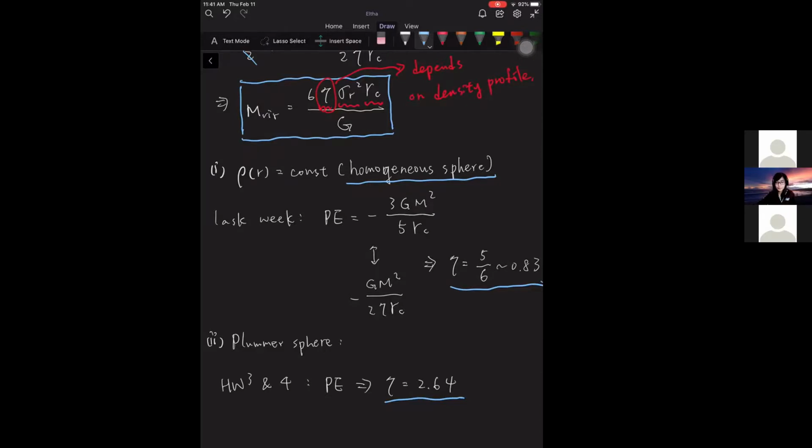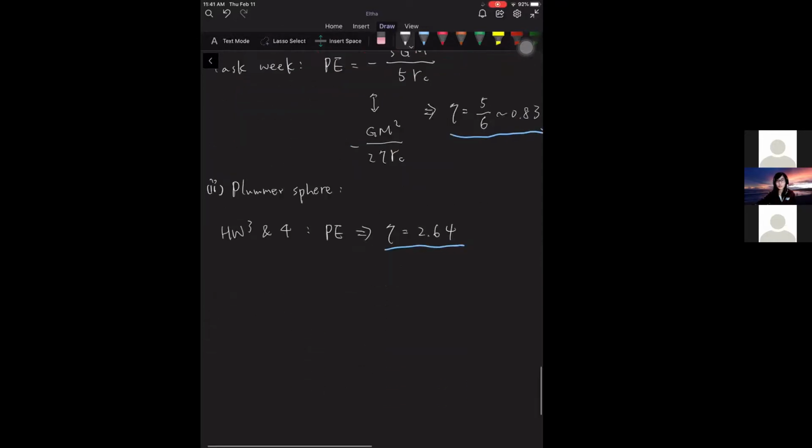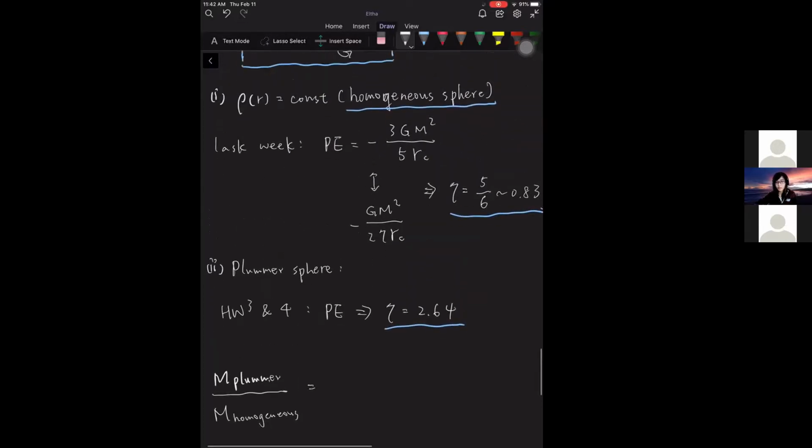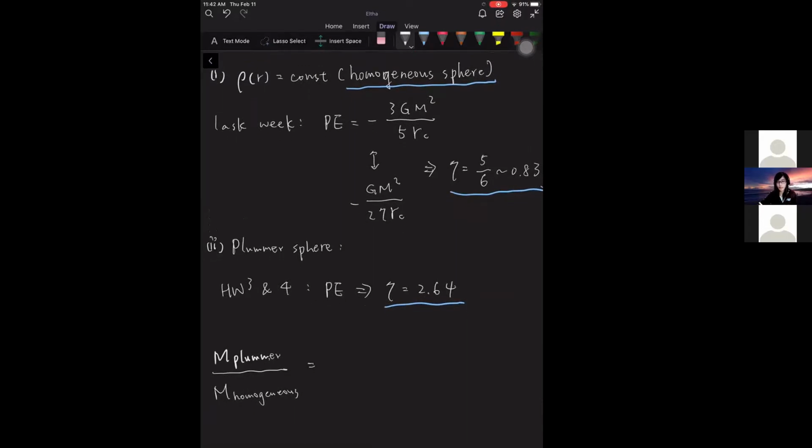So if we calculate the virial mass of the same object with these two different distributions, their masses will also be hugely different. So we can look at the ratio of the mass calculated with the Plummer sphere to the mass calculated with the uniform density sphere. Since we're considering the same object, the only factor that matters is eta.